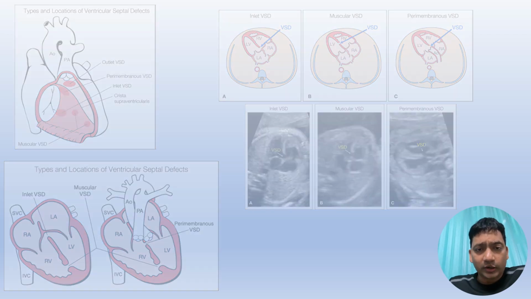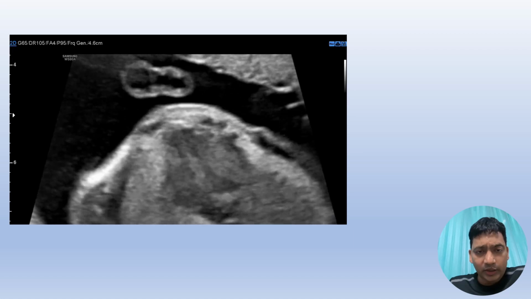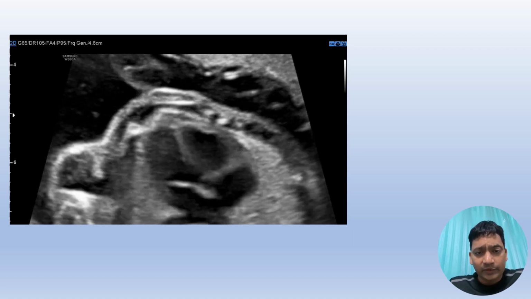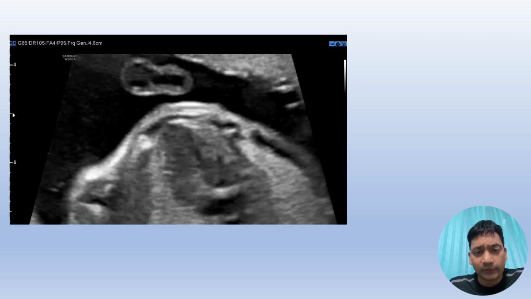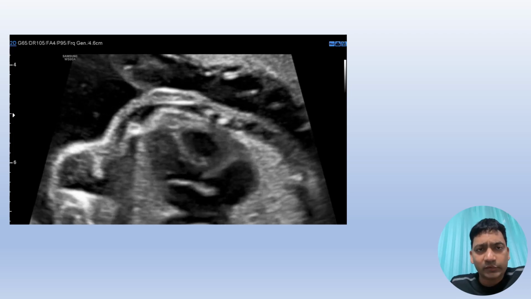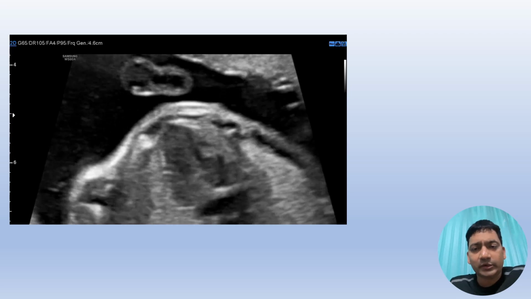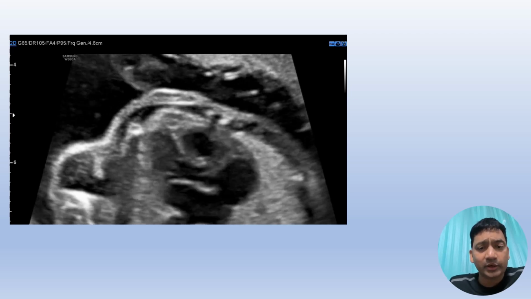So if we have a look again at the videos very closely, then we can see how to detect, and I would like to give you some tips regarding detection of small muscular VSDs. The muscular VSDs are the most common type of VSDs which are now detected prenatally, and they can be easily missed on a grayscale image.